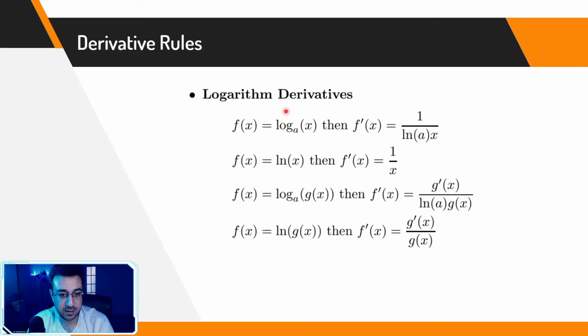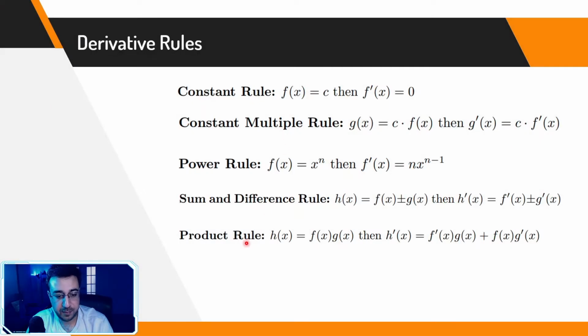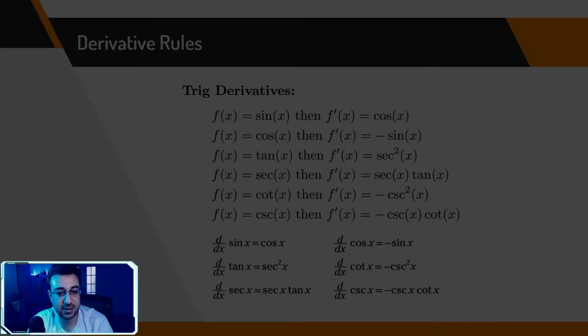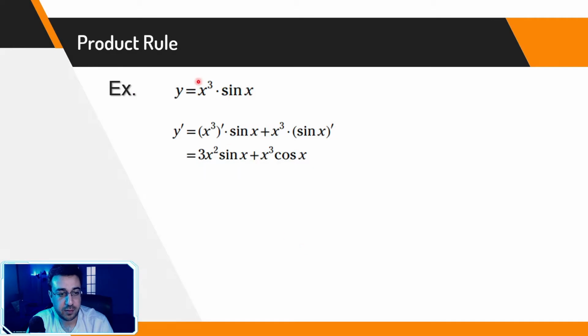What was the rule? Let's go back to the rule. The rule is saying, for the product rule, you take the derivative of the first multiplied by the second plus the derivative of the second multiplied by the first. As easy as that. So, the derivative of the first, which is x cubed, we learned that if you have x to the power of n, what is the derivative of that?